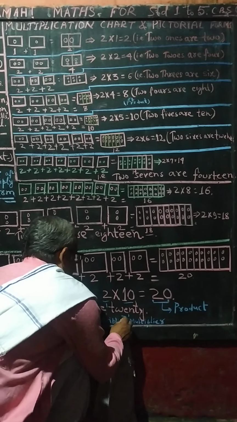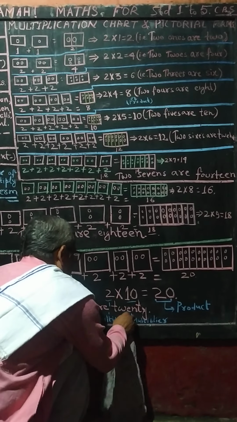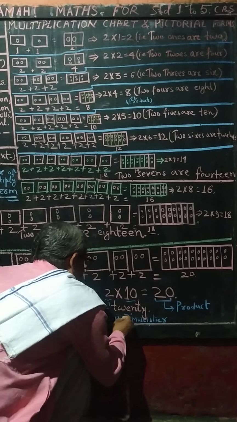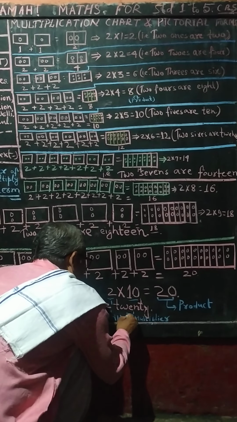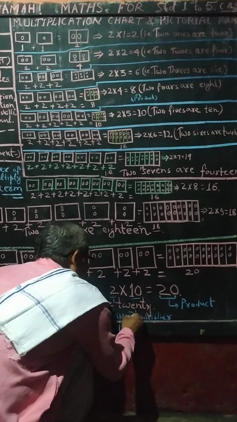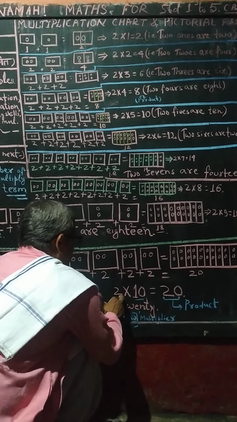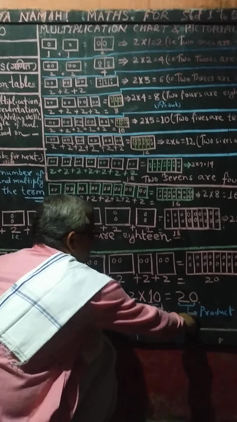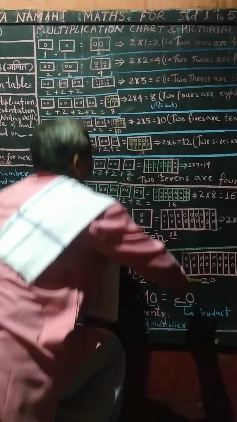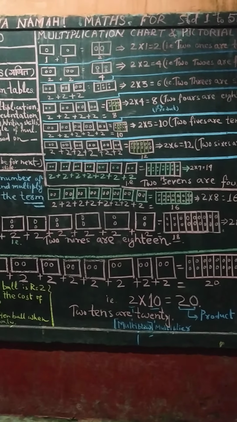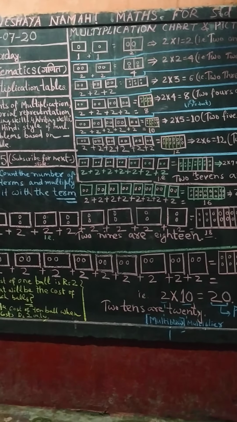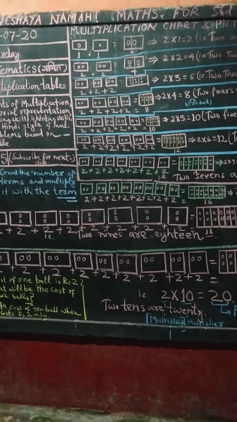And this is the multiplicand. This one is the multiplicand and this is the multiplier. This one is the product. In this way, you can write more and more multiplication tables.